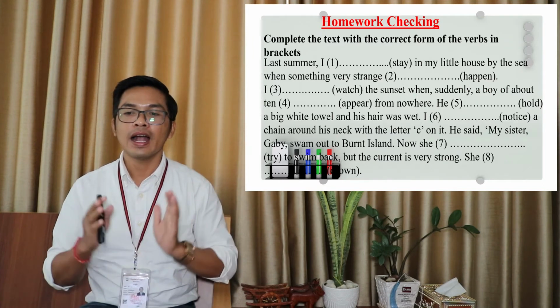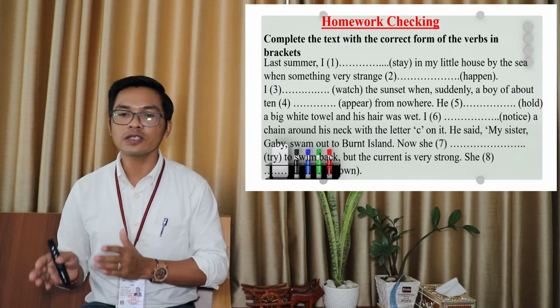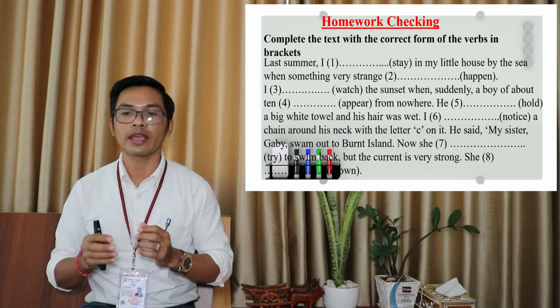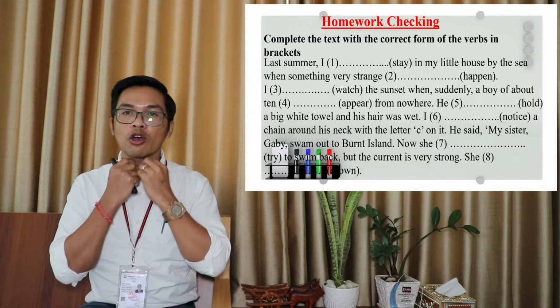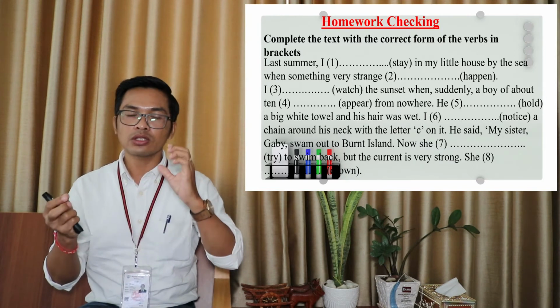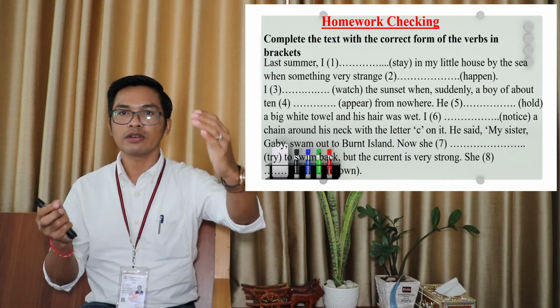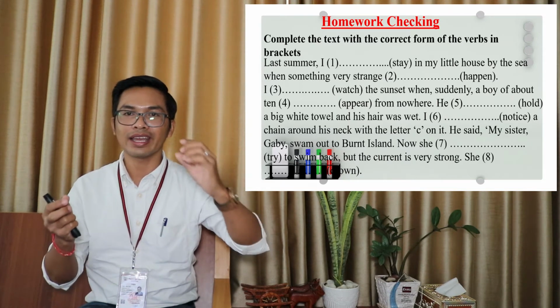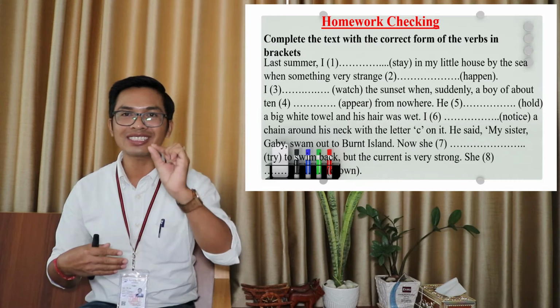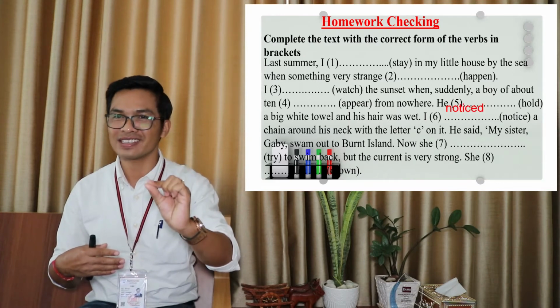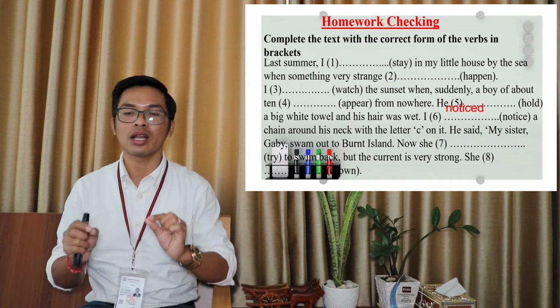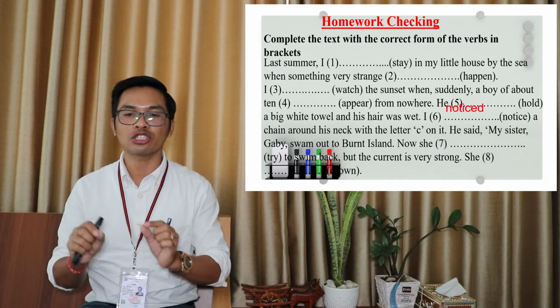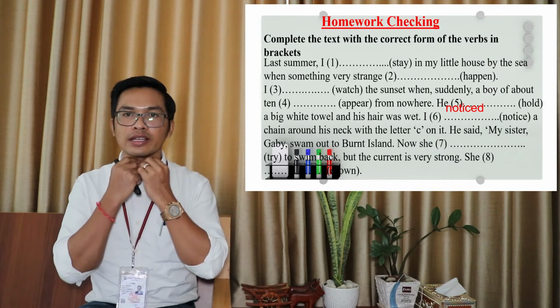Number 6, I noticed a chain around his neck with the letter C on it. Right, you see, when they talk about the actions the boy was doing, and then the other people notice, not was noticing. Notice, it means past simple. I noticed a chain around his neck with the letter C on it.